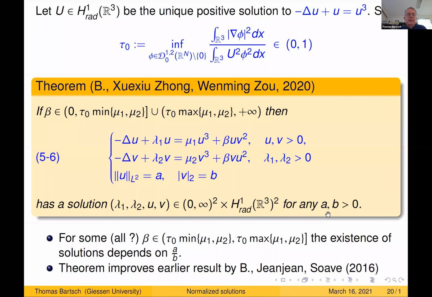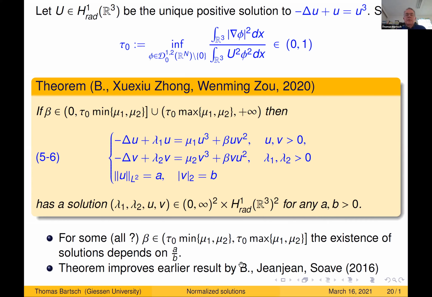So I tend to conjecture that this result is optimal, meaning that this range is optimal. At least we can show that for some beta which are not in this interval, the solution depends on the ratio A over B. So there does not exist a solution for all pairs of values A and B.